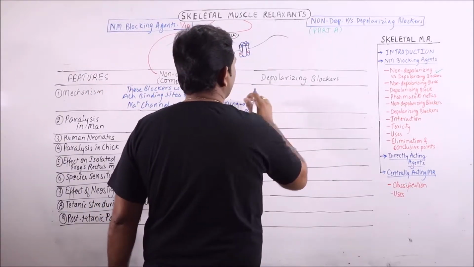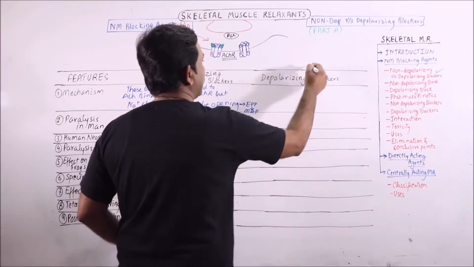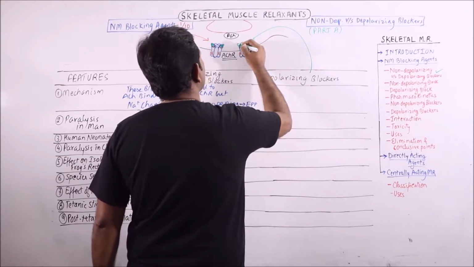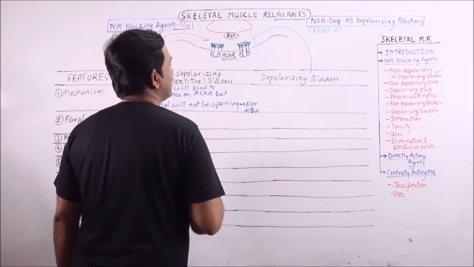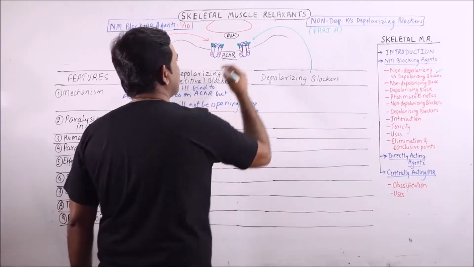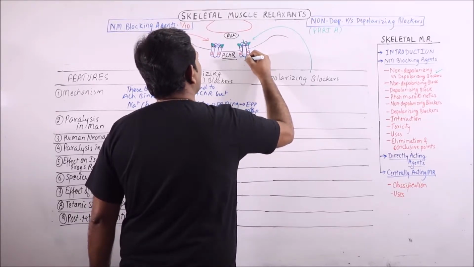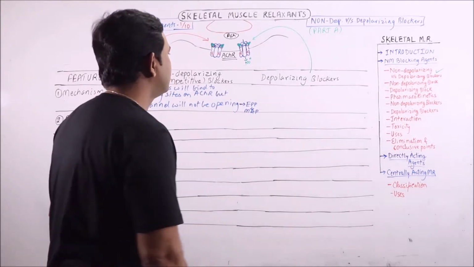Now, what is the mechanism of depolarizing blockers? If depolarizing blockers will act, then the initial mechanism is same, that these blockers will bind to the alpha subunits of the acetylcholine receptor, and there is a difference, and these will also result in opening of sodium channel.